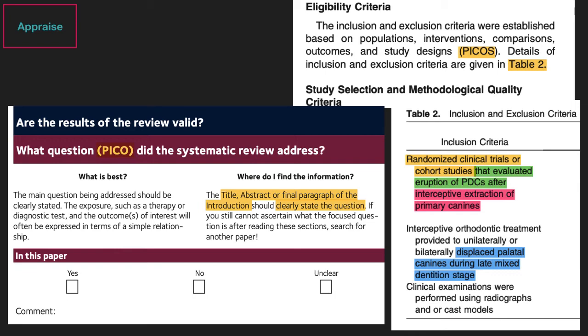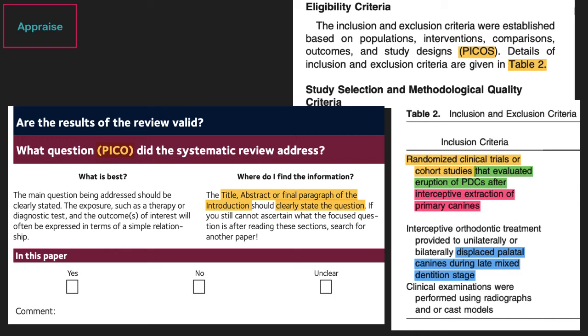The first question: this tool has four questions. If one of those questions is not good, or has an unclear answer or no answer, the website recommends that you cannot have trust in this systematic review.